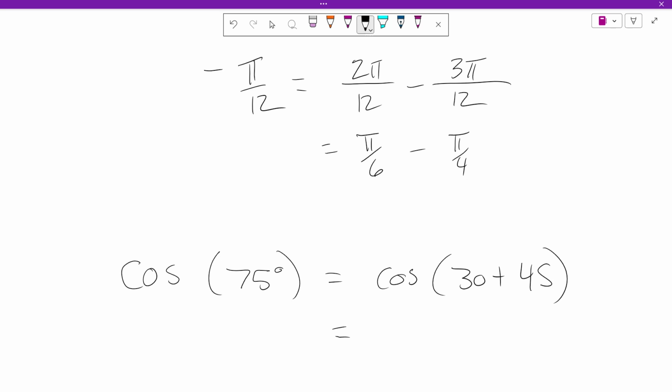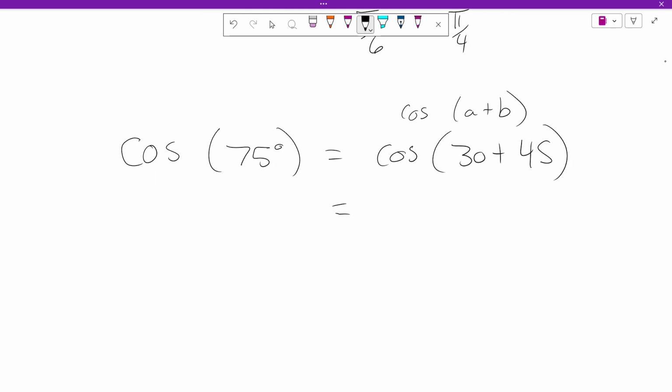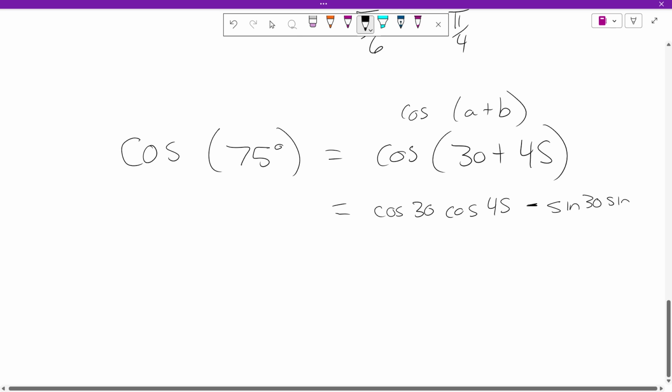So this is why I gave you the formulas a little bit earlier. The cosine of 30 plus 45 is like the cosine of A plus B. The cosine of A plus B, cosine of 30 plus 45, is cosine of A, cosine of B, minus the sine of A, sine of B.